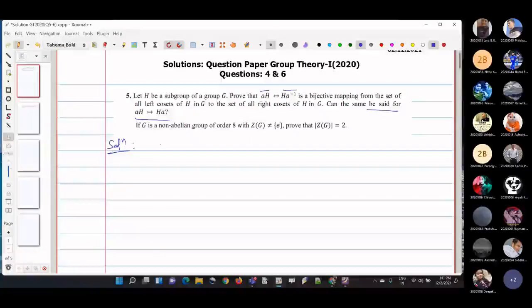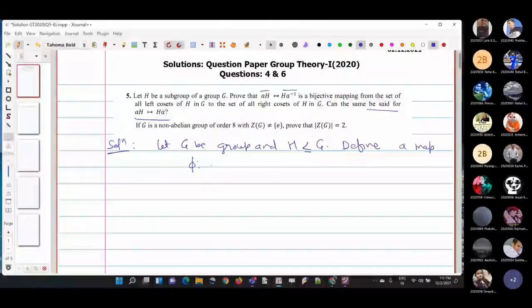Solution. We have been given that H is a subgroup of G. So let G be a group, and we have been given H as a subgroup of G. Now define a map, say phi.